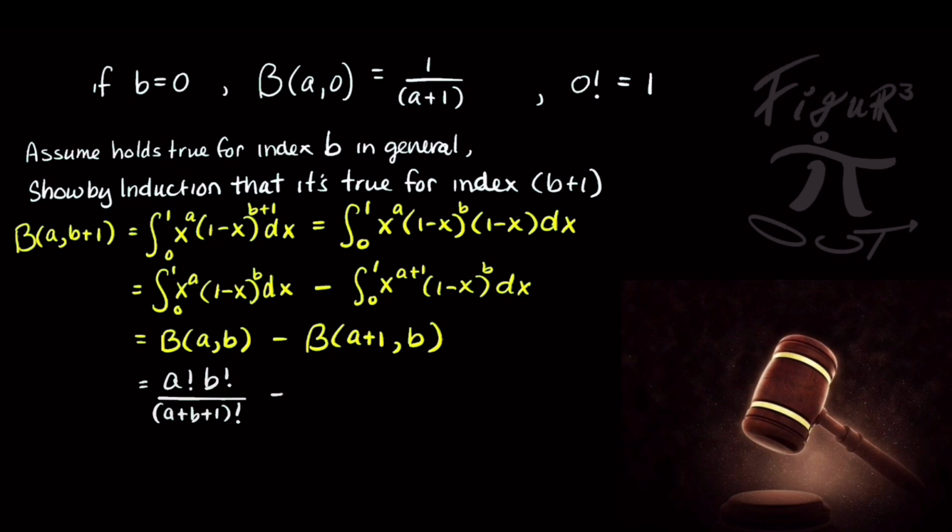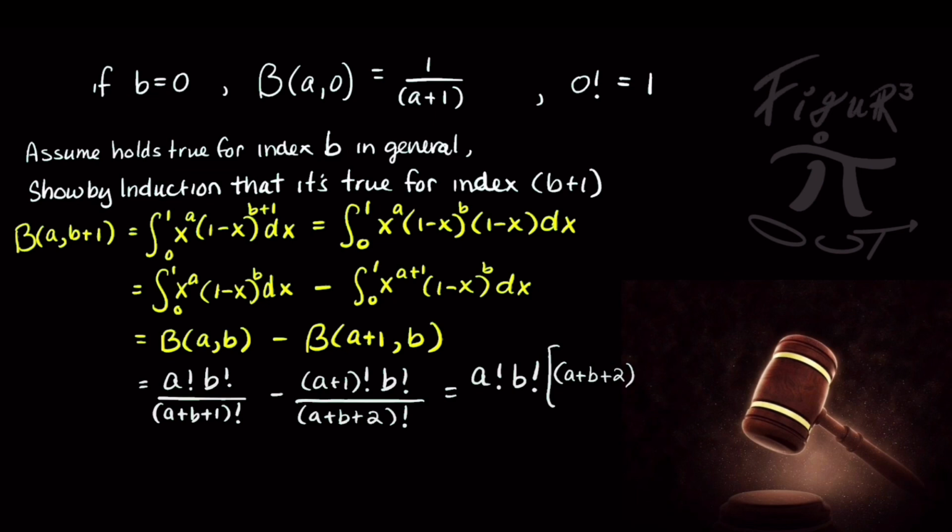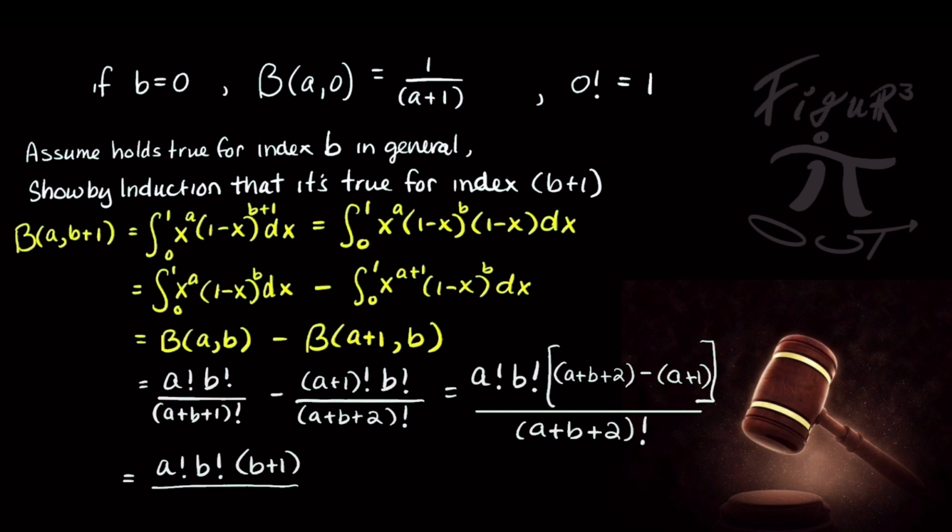And rewriting what each of those beta functions is actually equal to, and then doing some nice factoring tricks where we pull out the last factor of the factorial a plus 1, and we make a common denominator here for a plus b plus 2 factorial, we can actually go through and show that this does actually equal what we set out to show.